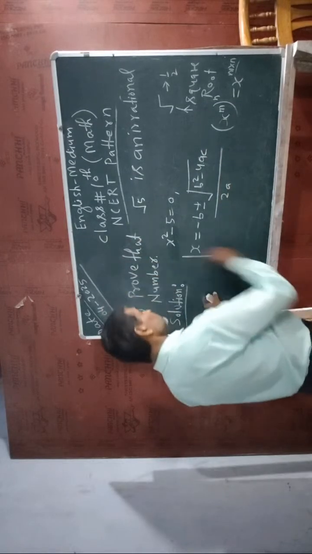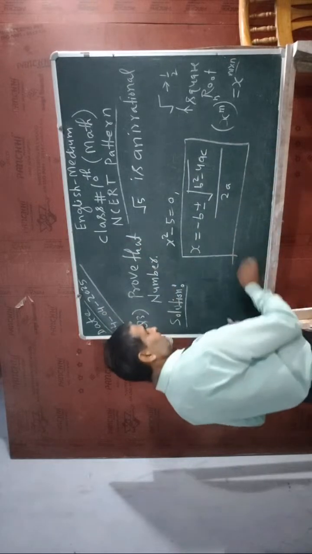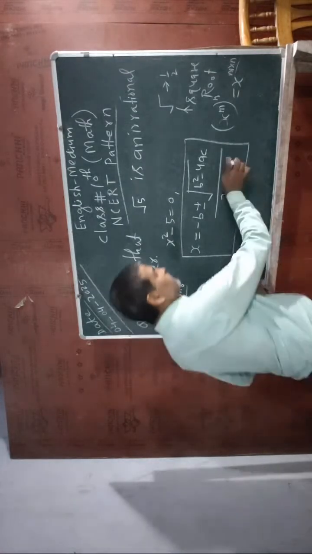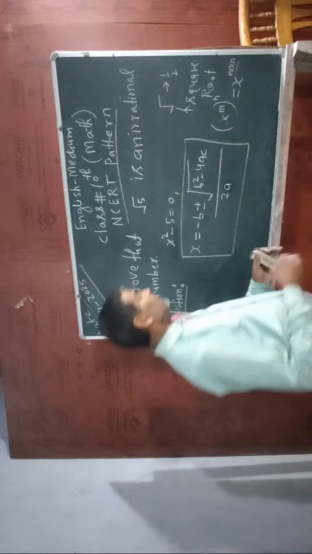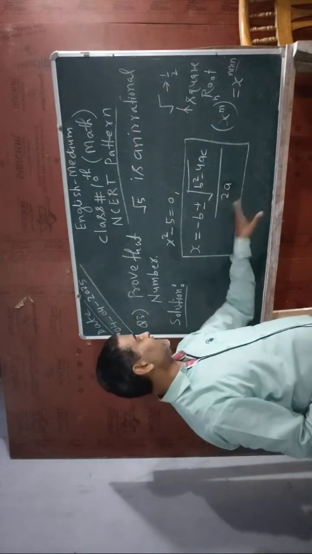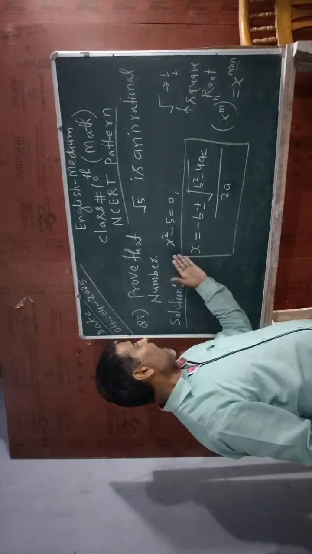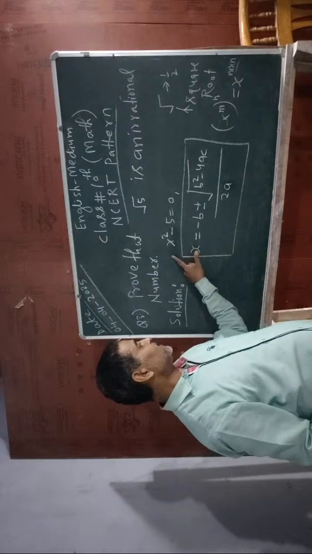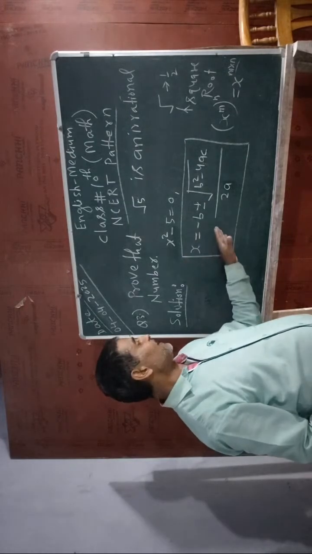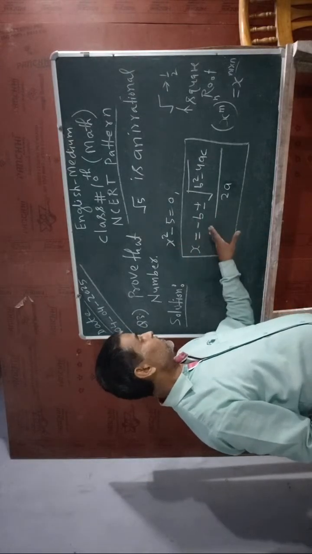So this is the formula which is given by the mathematician Sridharacharya, and here I am going to write it. But a, b and c are needed, so I will put this quadratic equation in standard form, and then from that form I will write their values and solve with this formula.